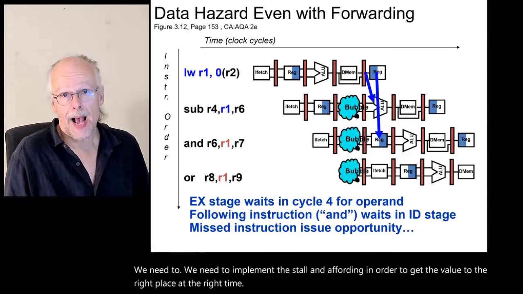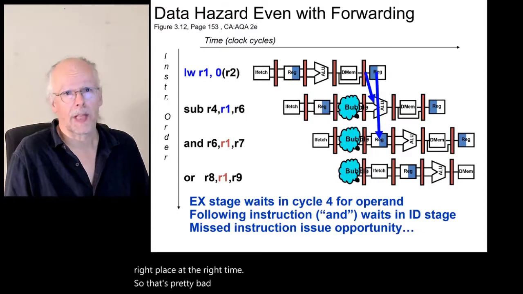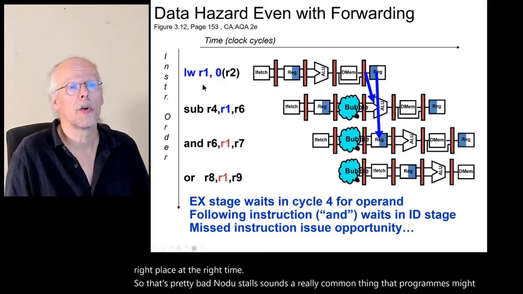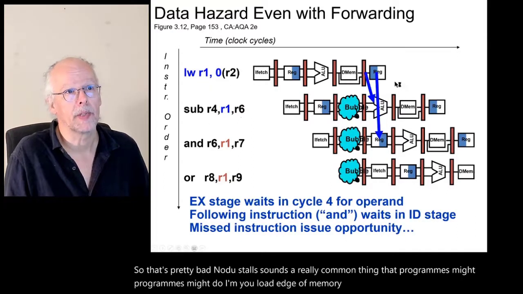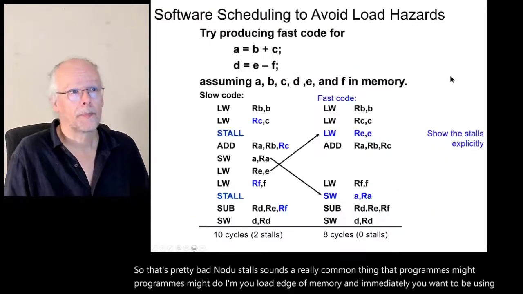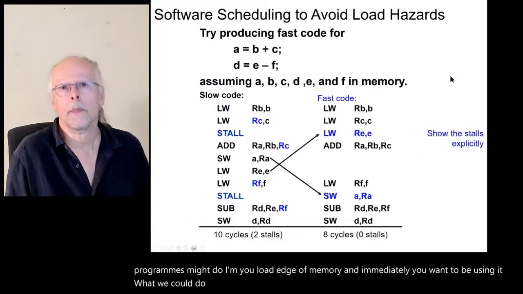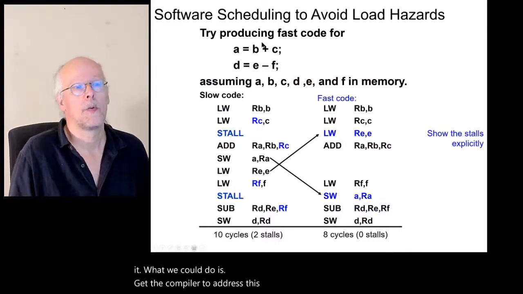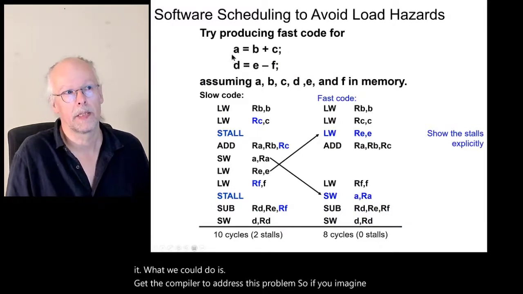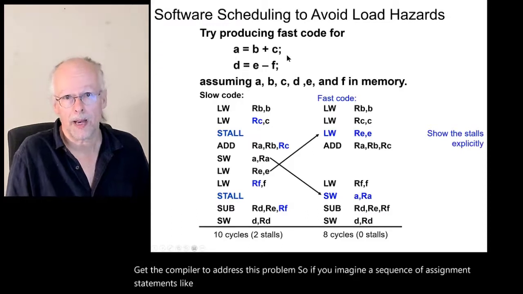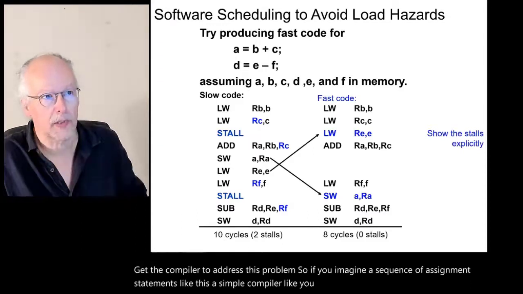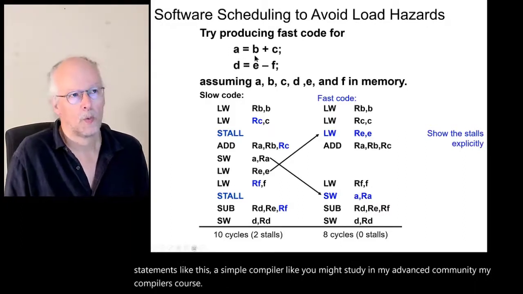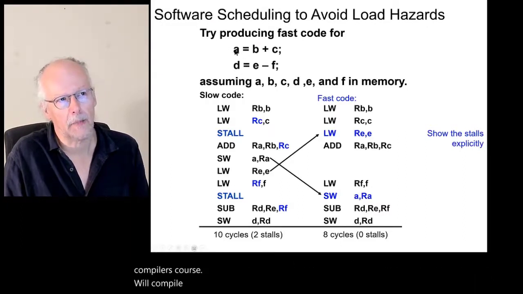So that's pretty bad. Load use stalls sounds like a really common thing that programmers might do. You load data from memory and immediately you want to be using it. What we could do is get the compiler to address this problem. So if you imagine a sequence of assignment statements like this, a simple compiler, like you might study in my compilers course, will compile each of these statements separately.